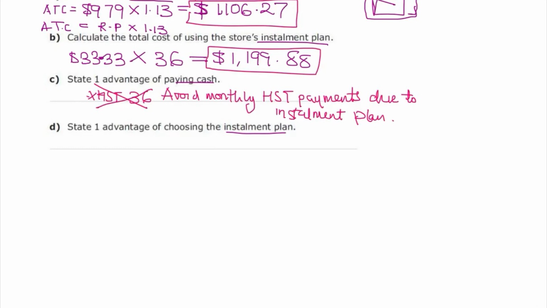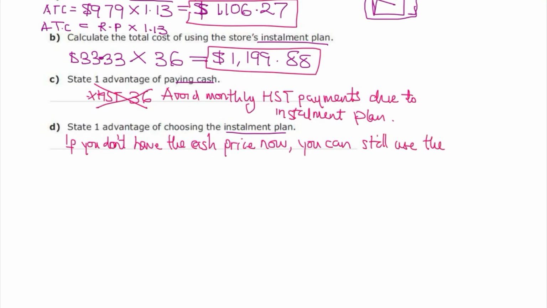However, if you choose the installment plan, the one advantage I can think of is that if you don't have the cash price now and you're in desperate need of that particular dining room set, but you have a little chunk that you can pay in installments, then you can still use the dining room set or afford it while paying in small amounts.